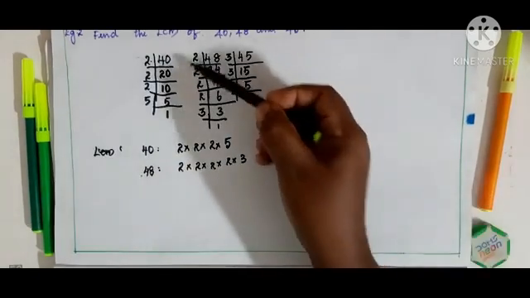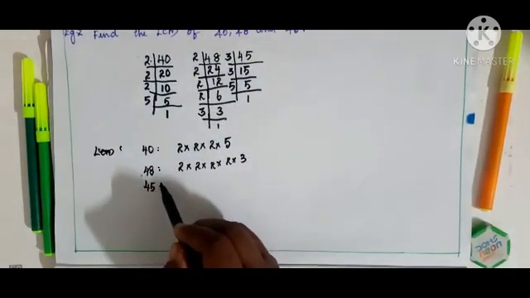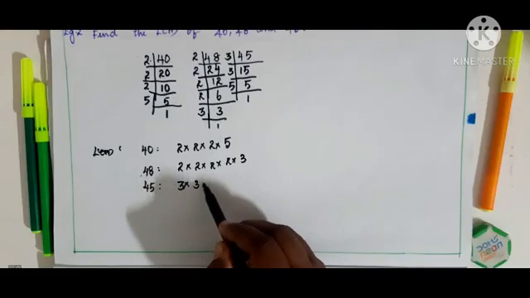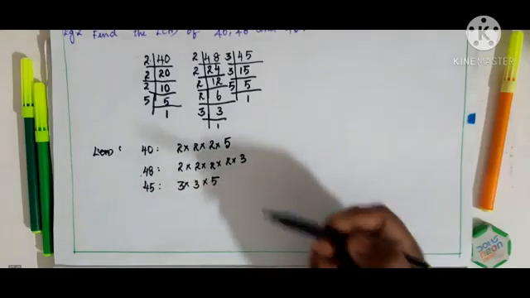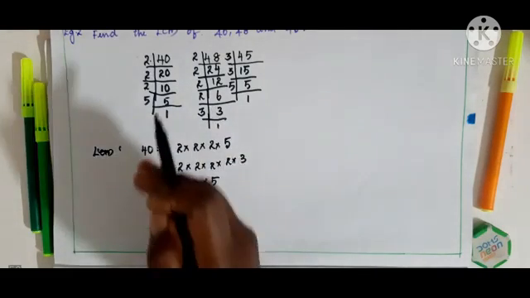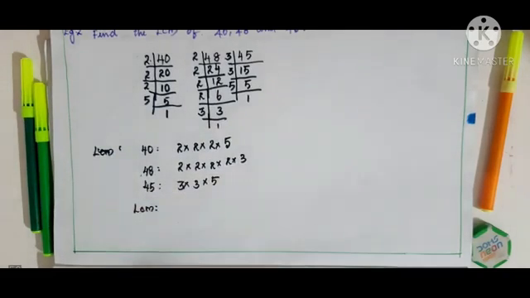Right. Next for 45. That is equal to 3 into 3 into 5. Now for the LCM of 40, 48 and 45, we are going to do it.